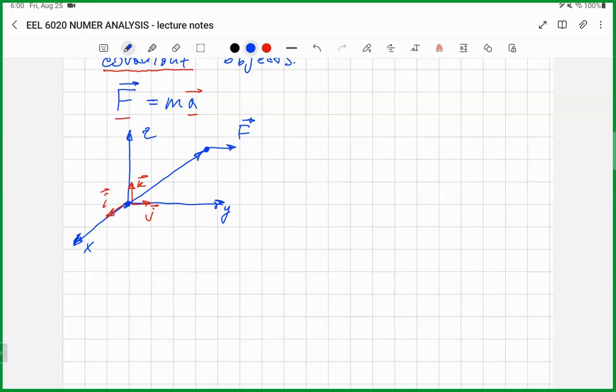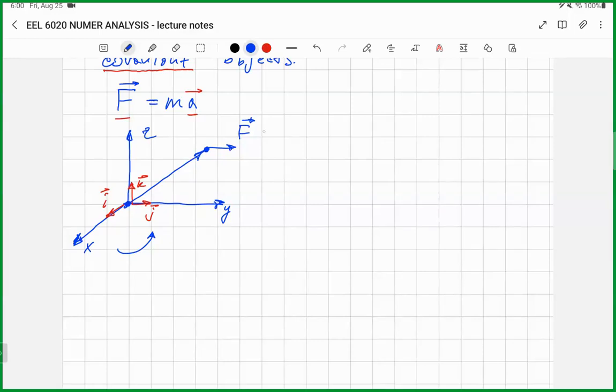For example, I can now rotate this coordinate system anyhow, right? I can reflect it, I can rotate it. Of course, it doesn't change the vector itself, because this vector f is a physical thing.